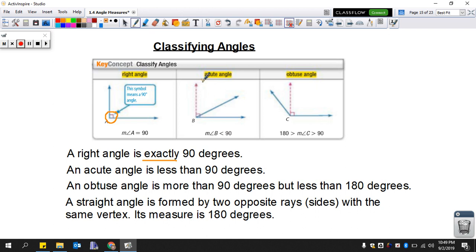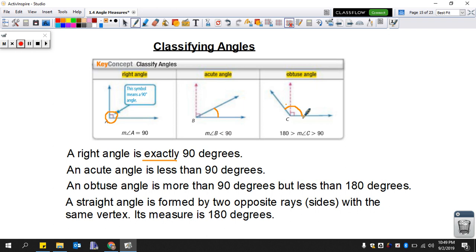So if the dotted line is 90 degrees, then this angle right here is less than 90 degrees, and so that's an acute angle. And then an obtuse angle, once again, if the dotted line is 90 degrees, is more than 90 degrees but less than 180 degrees.